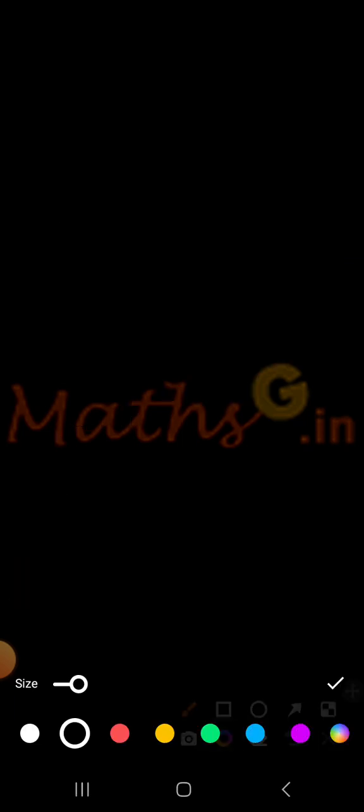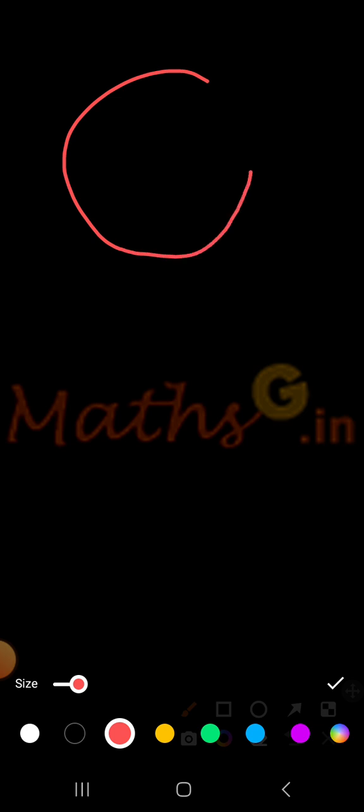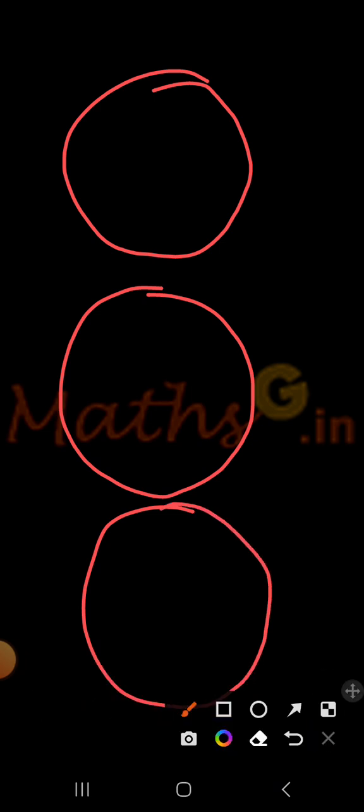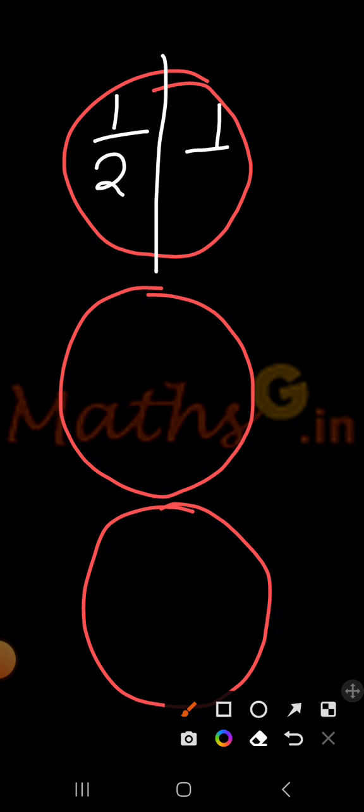Now, considering the concept we just discussed, we talked about the cake in 2 parts, the same cake in 3 parts, the same cake in 4 parts. Let's say I divided this cake into 2 parts. The first part is the half of the cake, the second part is the half of the cake. I divided the cake into 3 equal parts.